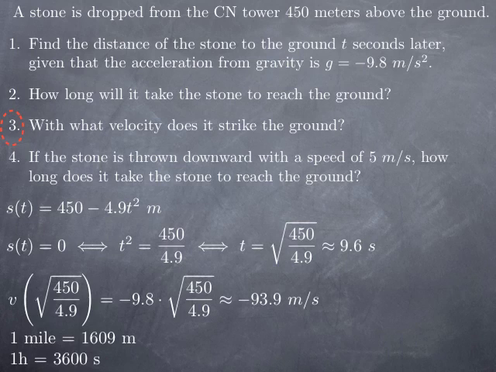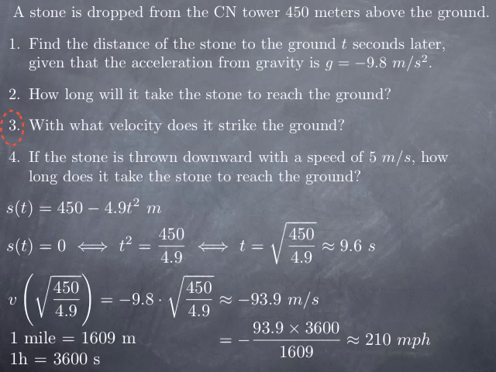That means that if the stone covers 93.9 meters each second, in an hour it's going to cover 3600 times more, and that's in meters. But then to convert it to miles, you have to divide by 1609 meters, because there are 1609 meters in 1 mile. So that gives us a velocity of negative 210 miles per hour.